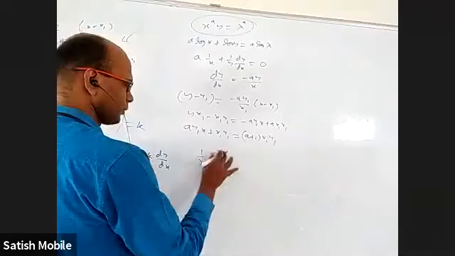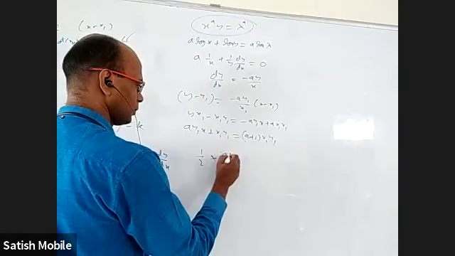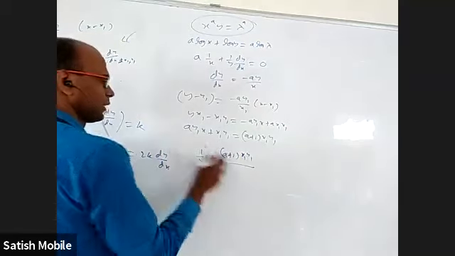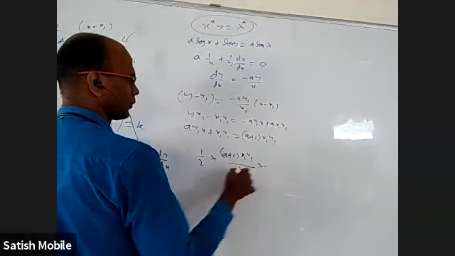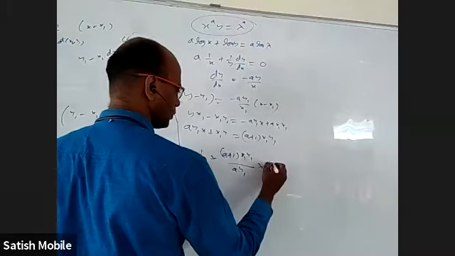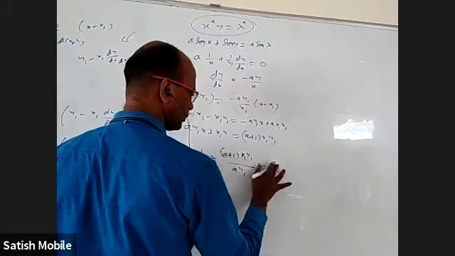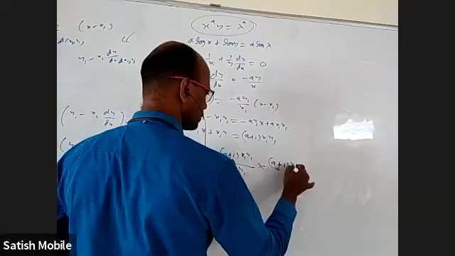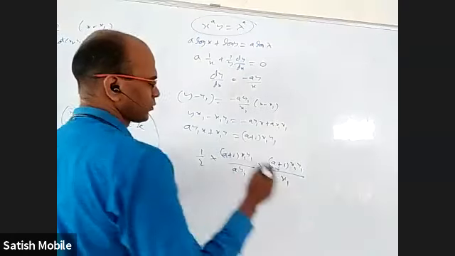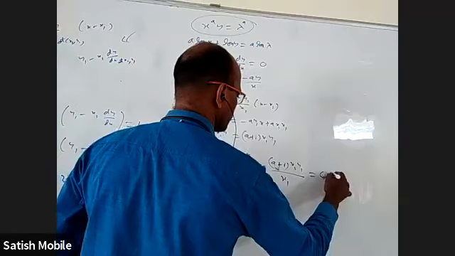Half into what, the x-intercept? a plus 1 into x1 y1 by a y1. And the y-intercept is a plus 1 into x1 y1 by x1. That I want it to be equal to some constant.